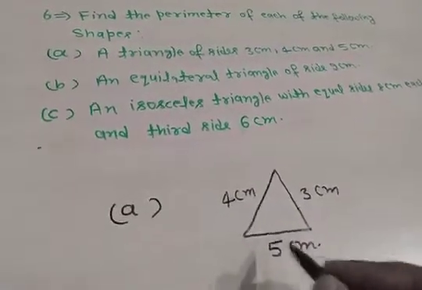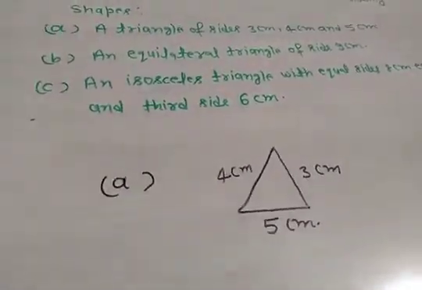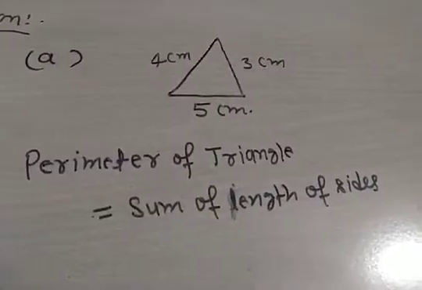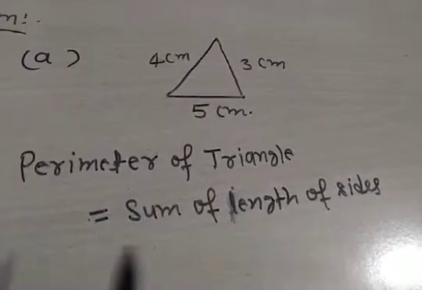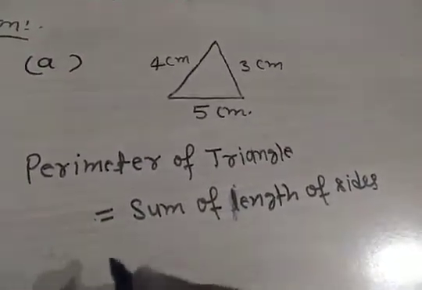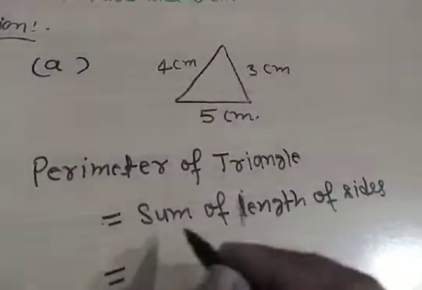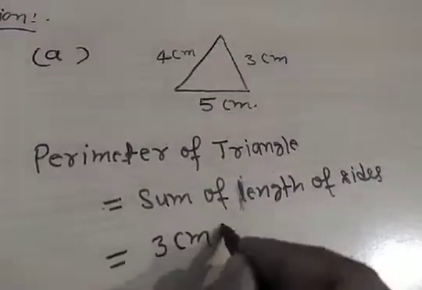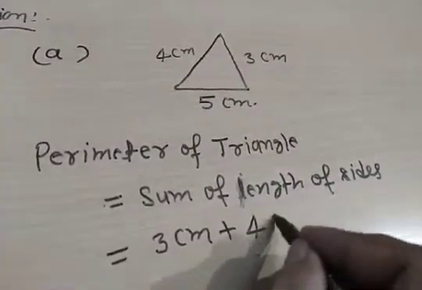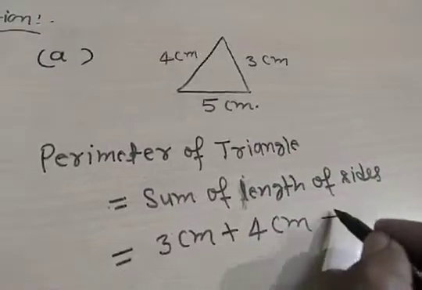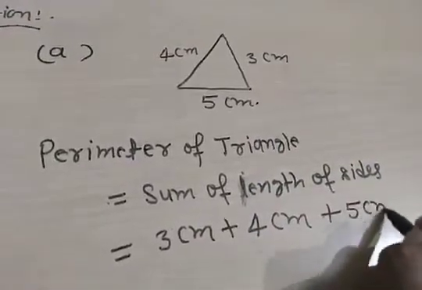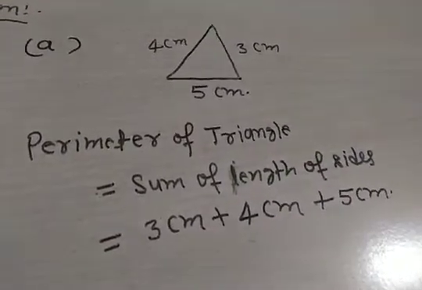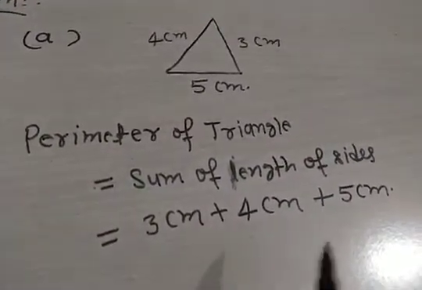So the perimeter of this triangle is the sum of the lengths of its sides. The sides are given 3 centimeter, 4 centimeter, and 5 centimeter.